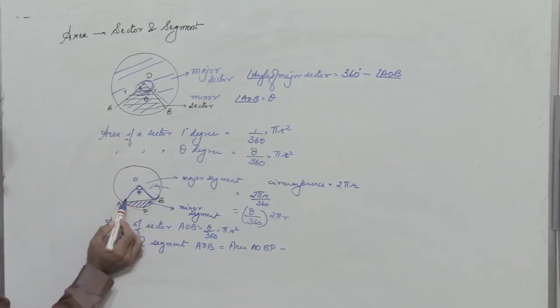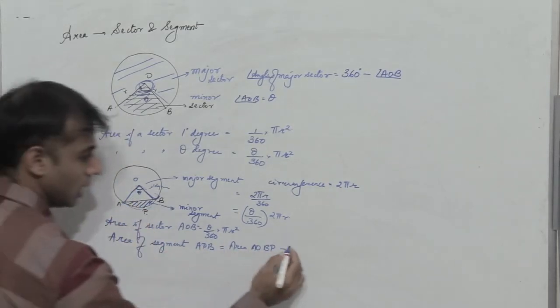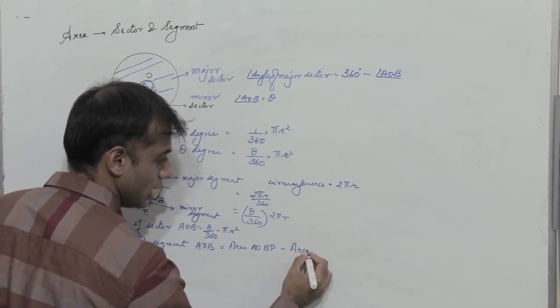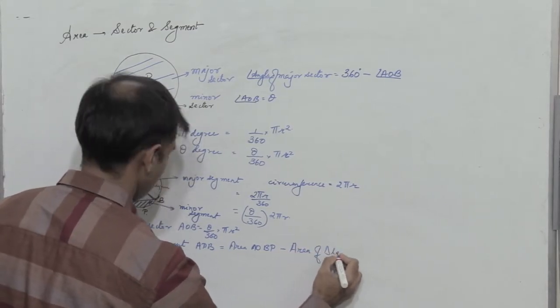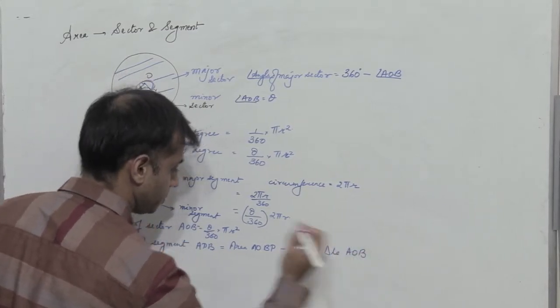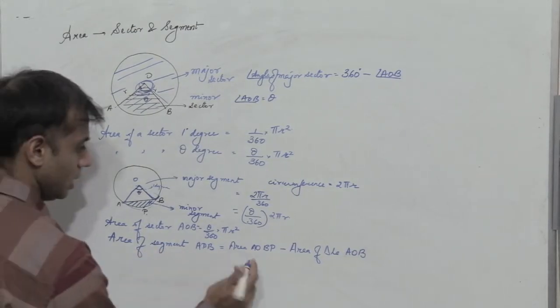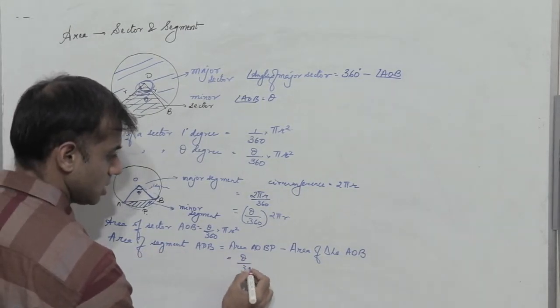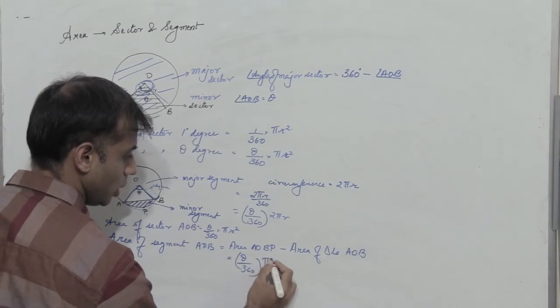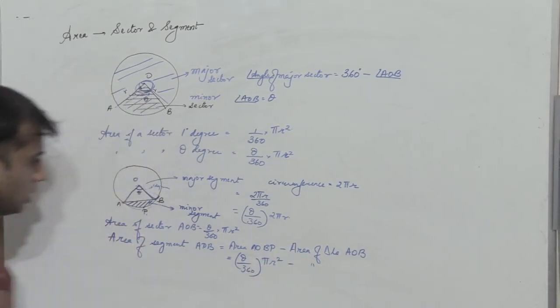So here this forms a triangle AOB, minus area of triangle AOB. Right? So this is given by theta by 360 into pi r square minus area of the triangle AOB.